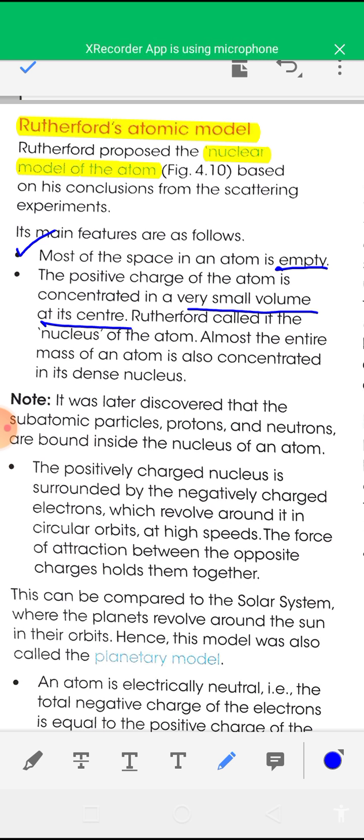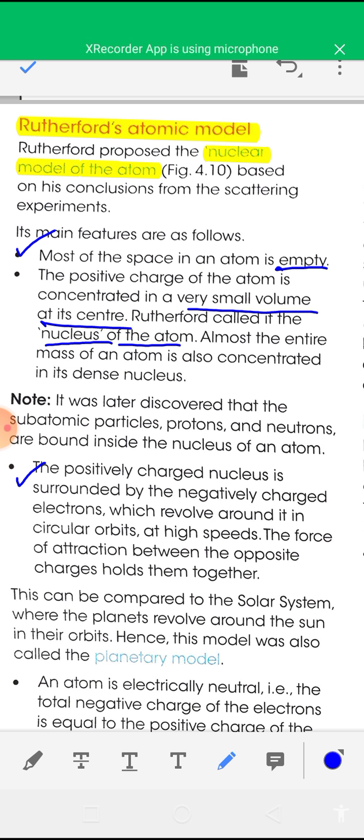Rutherford called it the nucleus of the atom. So nucleus is the center of an atom where the positively charged particles, that is protons, are present, and almost the entire mass of the atom is also concentrated in its dense nucleus.